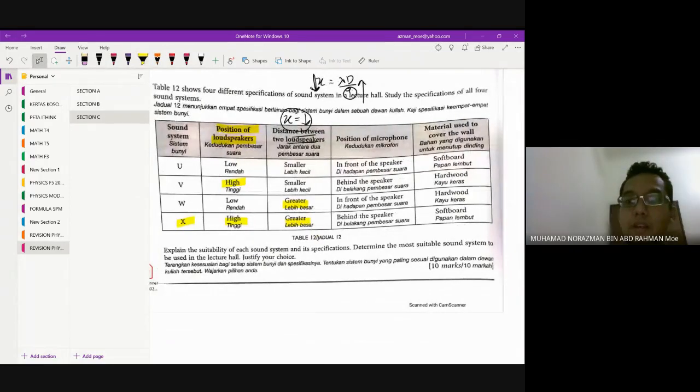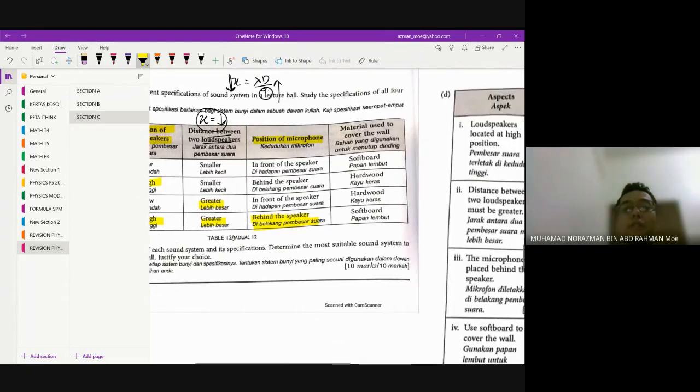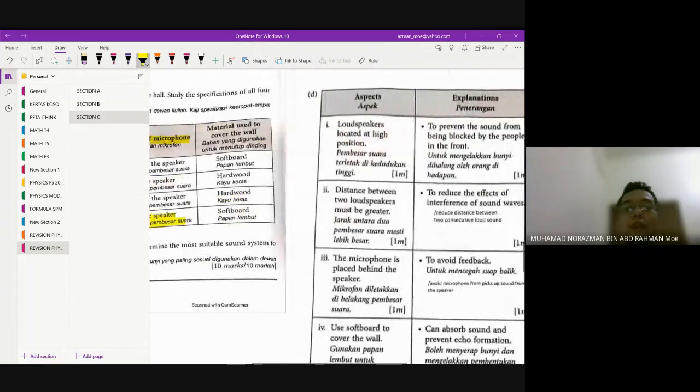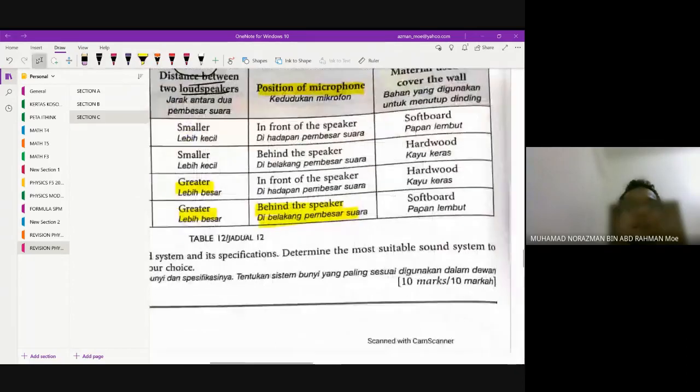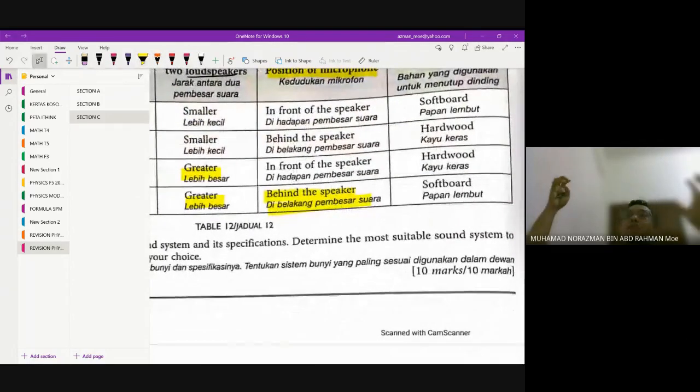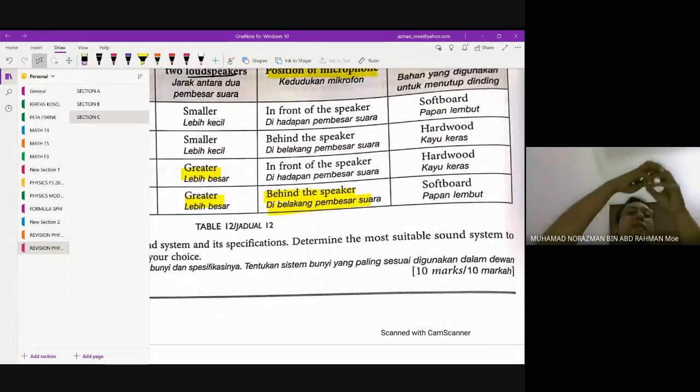We continue with the position of the microphone. The microphone must be behind the speaker. It cannot be in front, because if it is in front, then we will have feedback. The sound produced by the speaker enters the microphone, and then it loops.